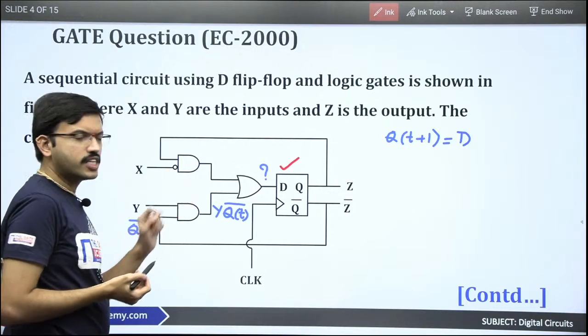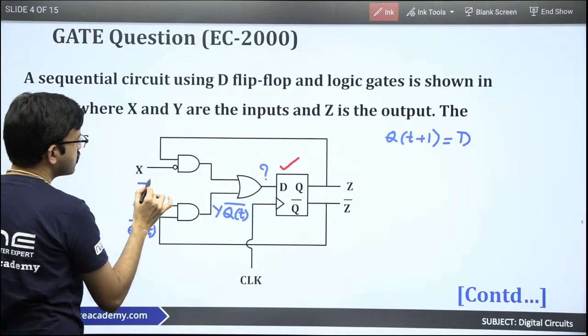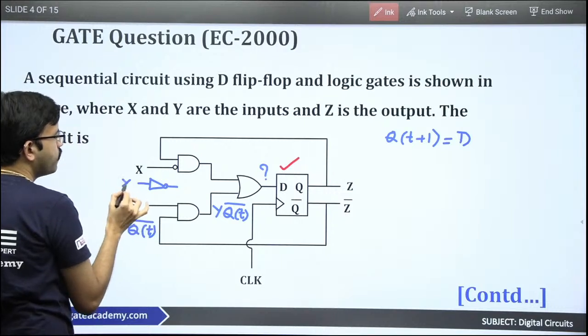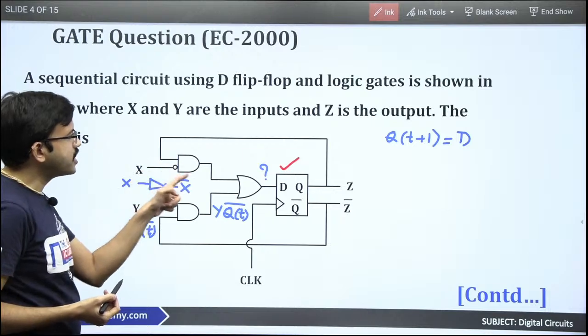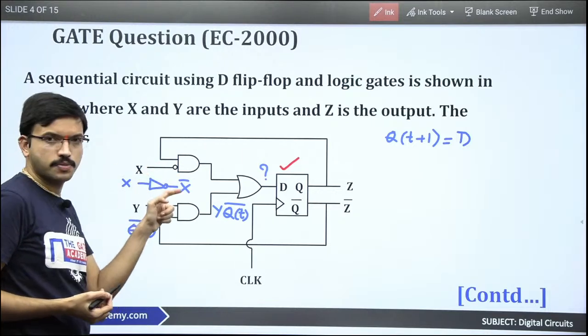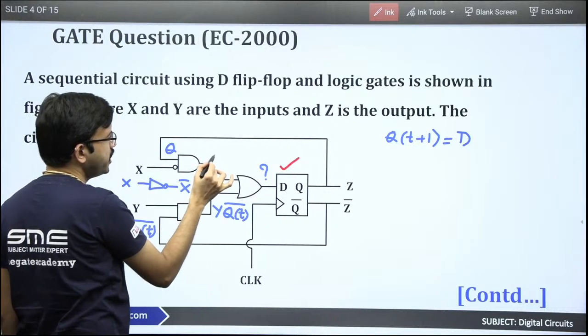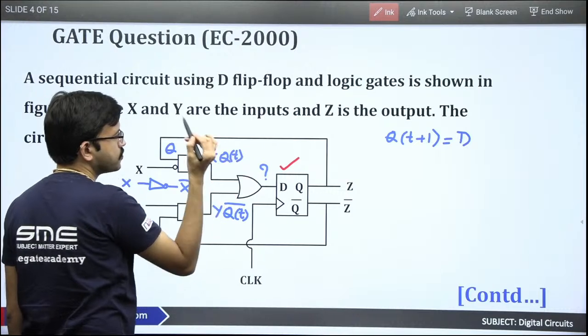If you are not comfortable with the bubble at the input side, just replace it simply like this with an inverter or NOT gate. If X is the input, the output you will get is X bar. So for this AND gate, one input is X bar, another input is Q. So here you will get X bar Q.